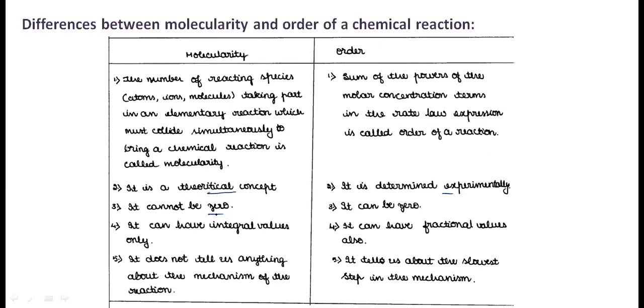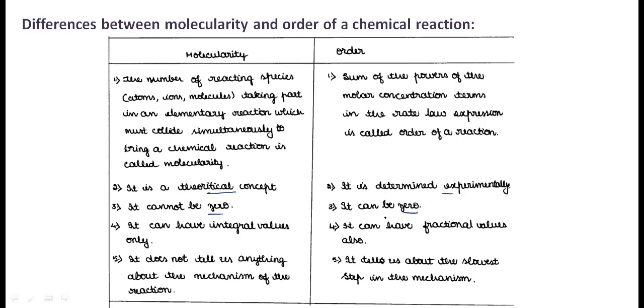Molecularity will never become 0. That means without a molecule, a reaction will not occur. Hence, molecularity will not become 0. But we have seen order may become 0, a fraction, or an integer. Why? Because under special conditions, for example, if a reaction takes place on catalytic surfaces, the rate is independent of the concentration of reactant.